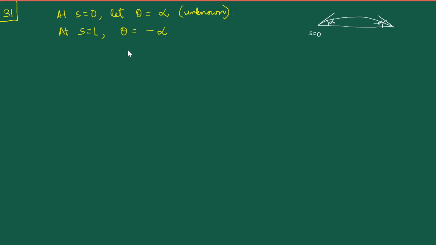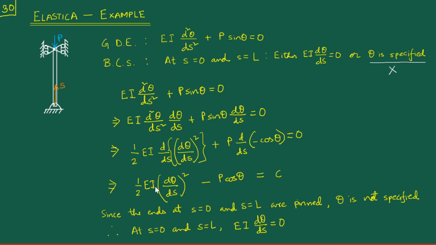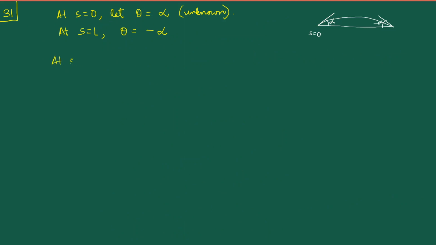Now how do we use all of these things? What we are going to do is go back to the form that we had obtained here, and write this thing at s equal to 0 and at s equal to L. So at s equal to 0, we have EI d theta ds square minus p cos alpha.